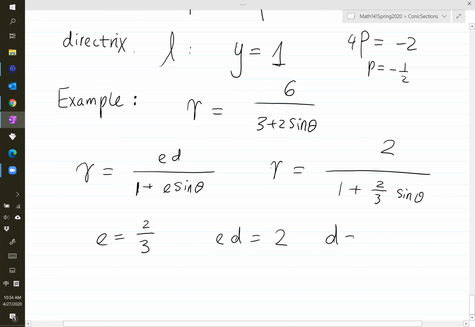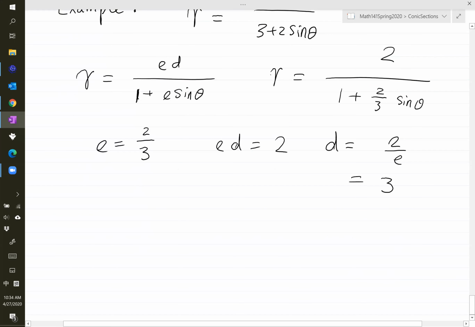So what is D? D is 2 over E. So D is 3. Now let's find its coordinates. Let's plot the thing.